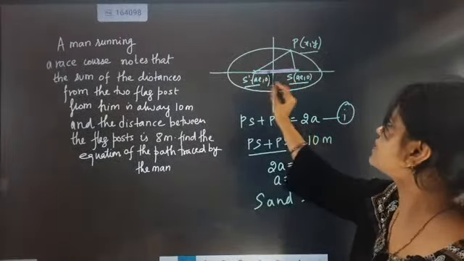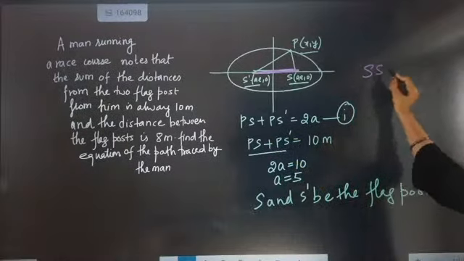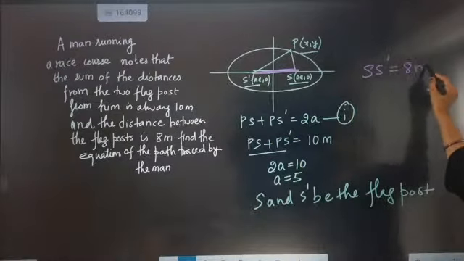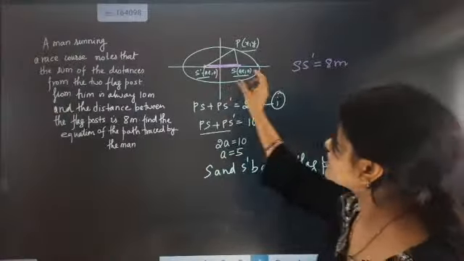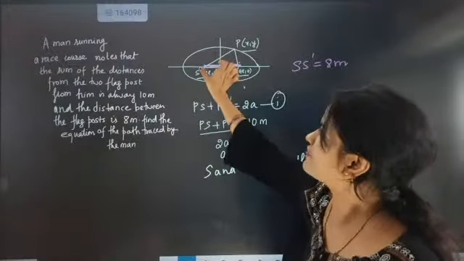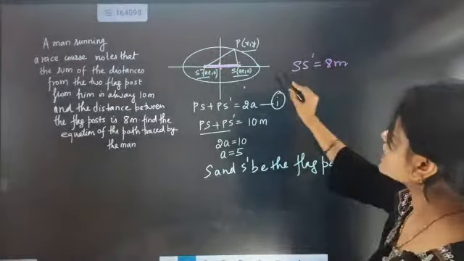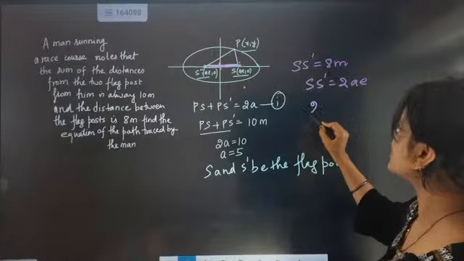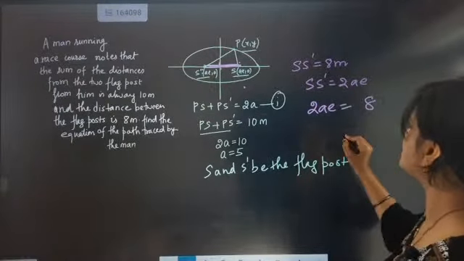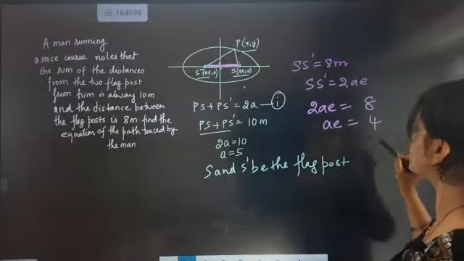The distance between the flag posts is also given: SS' is equal to 8 meters. You know that SS' is nothing but this length AE and this length AE, so SS' is 2AE. So 2AE is equal to 8, so AE is equal to 4.